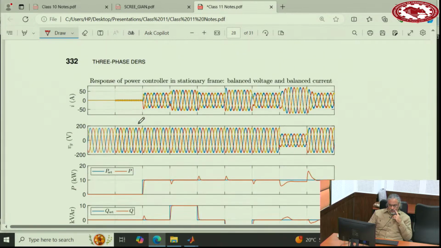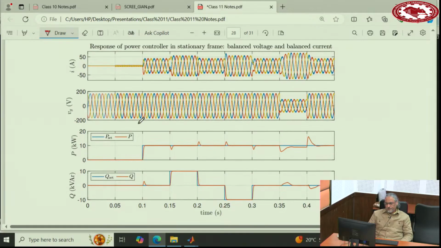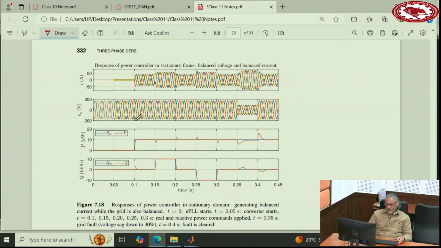So let's look at some simulations here. In this one, obviously at the beginning is the time that the PLL is working, until 50 milliseconds. And then after the PLL converges, you start the converter. There is a very soft and smooth start.